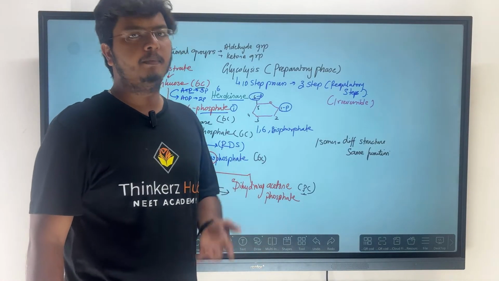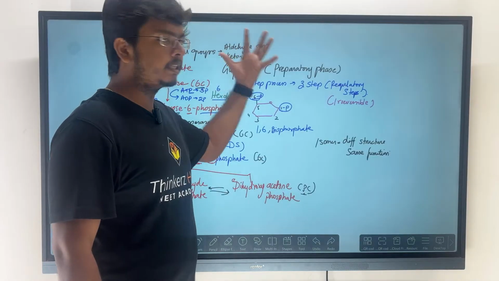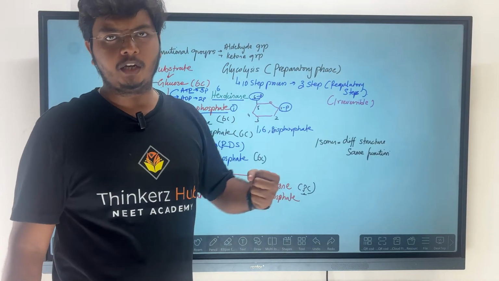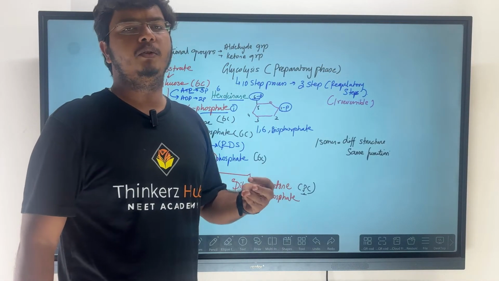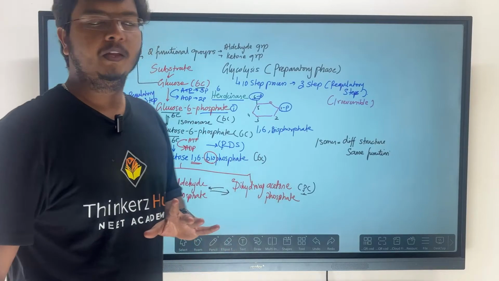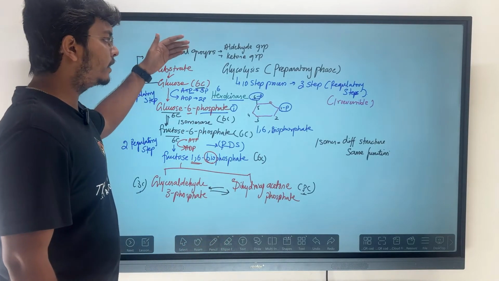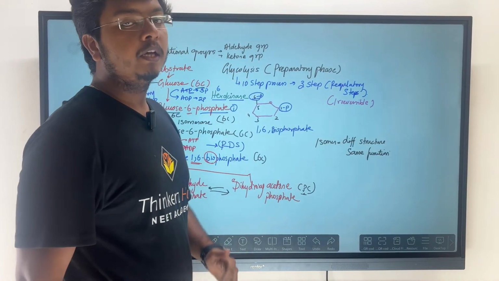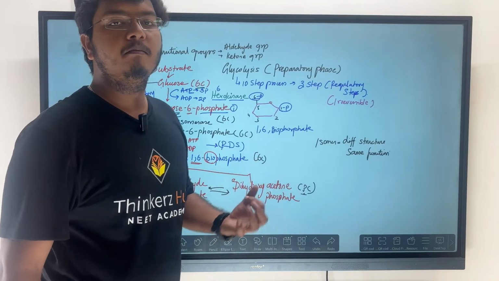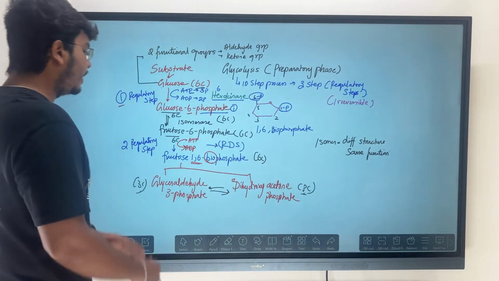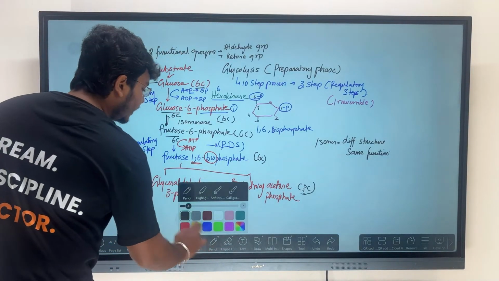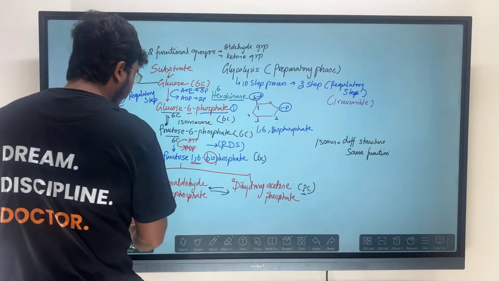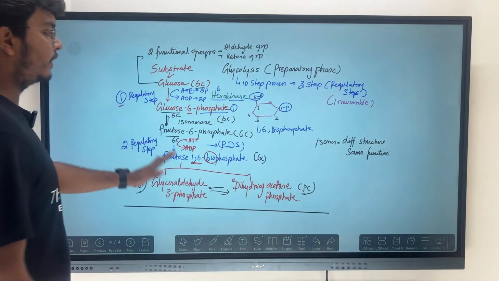Yes, you can directly break the glucose, and you will start receiving energy, but the amount of energy you will receive is very less. But when you go through this preparatory phase and do it in small steps, you will receive more energy. Okay, so with this your preparatory phase gets over.